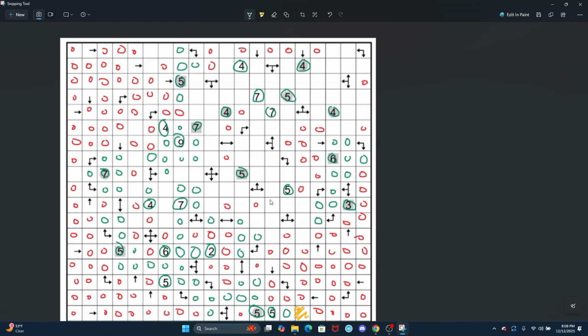How do you fill in the rest of this grid? Okay, really minor, but this cell is red because that encapsulates it.